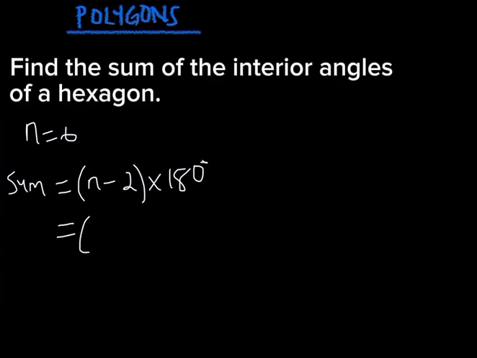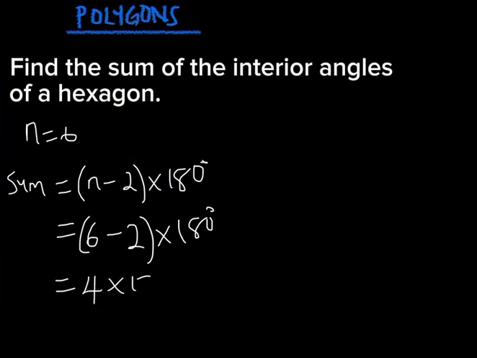Since our n is 6, we'd say (6 - 2) times 180 degrees gives us 4 times 180 degrees, which is equal to 720 degrees. So the sum of the interior angles of a hexagon is equal to 720 degrees.